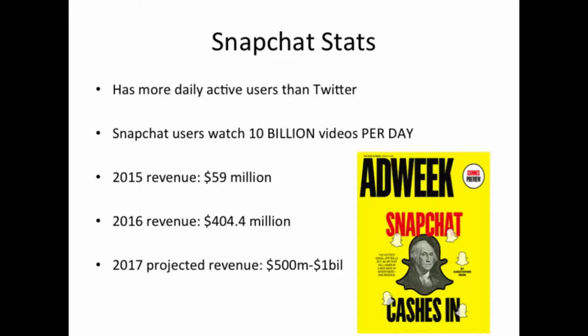But the problem for Snapchat, like a lot of Silicon Valley startups, is that they've built their brand, but now they need to make money. So what we have here is a breakdown of where Snapchat is in terms of revenue. A presentation for potential investors back in 2016 when the company was thinking about going public and becoming a publicly traded company.